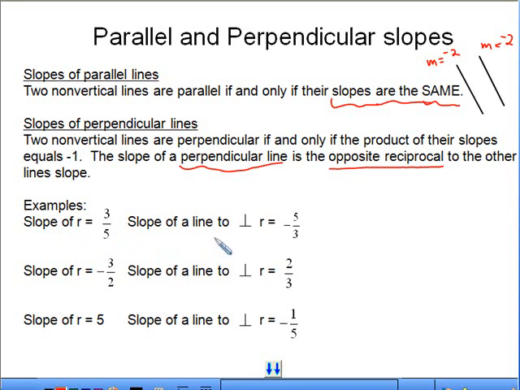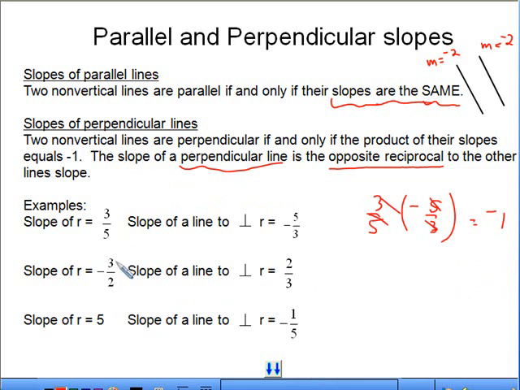The slope of the line perpendicular to this line is going to be the opposite, so the opposite of positive is negative, and then reciprocal, so you have to flip this, -5/3. And you notice if you multiply 3 and 5 and -5 and 3, everything's going to cross cancel, and you're going to end up with -1, which was in the definition.